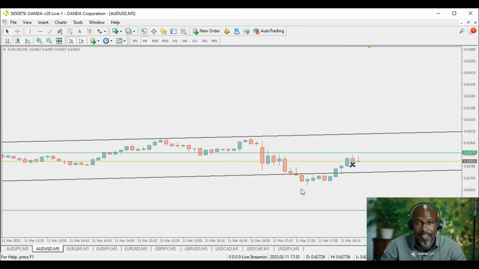So if it were able to climb to the top of the 50-minute price range, maybe I would consider shorting the pair. That's at 92.96.